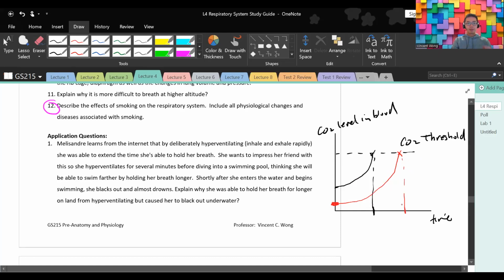Yes, okay, great. So if Melisandre here was to do this and go in for a swim and start swimming underwater, she's going to black out. Remember, this does not increase the amount of oxygen in your body. It just tricks your body into thinking you don't have to breathe yet.